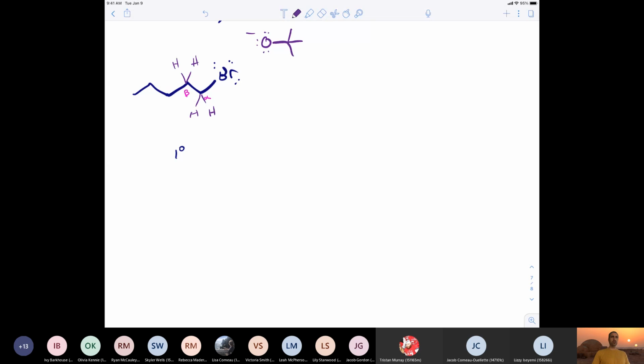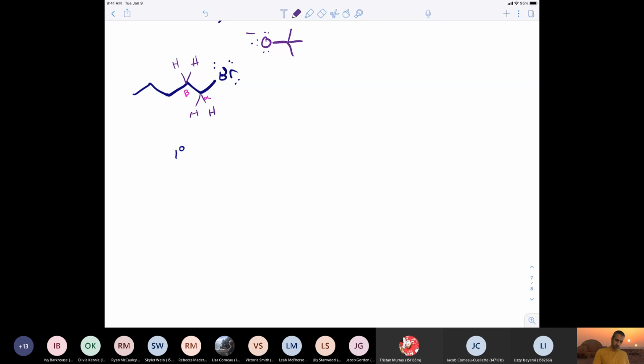So we want this to do elimination. And that's a base. And what do bases want? They want protons. Bases want to grab H plus from something so that they, well, in this example, become neutral. And they want to become their conjugate acids if they're strong bases. And this molecule has a bunch of protons on it. It's got hydrogens all along the chain. So what alkoxides can do is extract or remove a hydrogen on a beta carbon.